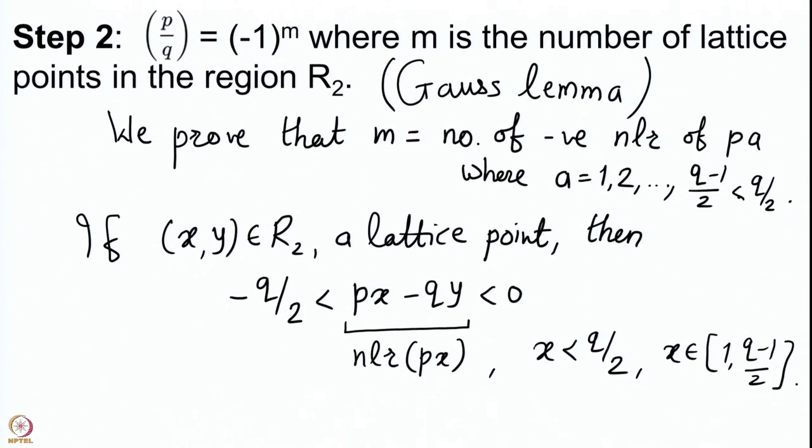And remember, on the last page our equation looked very similar. We had px minus qy to be between minus q/2 and 0.